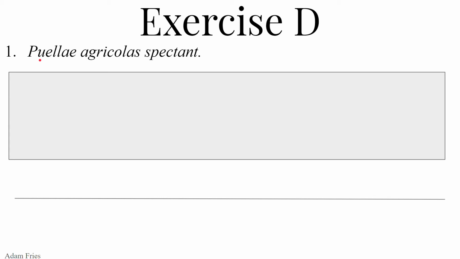Puellae, dictionary entry puella, puellae, feminine, girl. So puellae, well, that could be three different things: ae, arum, is, as, is. But because we really haven't touched on the reasons, functions, or jobs of the genitive or the dative, I'm going to cheat a little bit and tell you that this word is nominative.